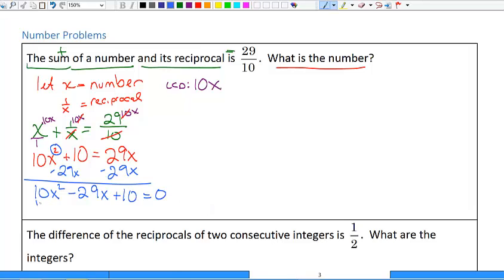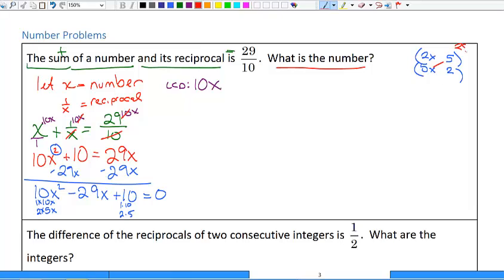I'm going to try to factor this. I'm not sure if it factors at the moment, but I'm going to try it. Let's try, I'm going to do it over here, 2x times 5x. Let's try 5 and 2. I always start at the bottom of my list, and I don't put the two numbers next to each other that are the same.